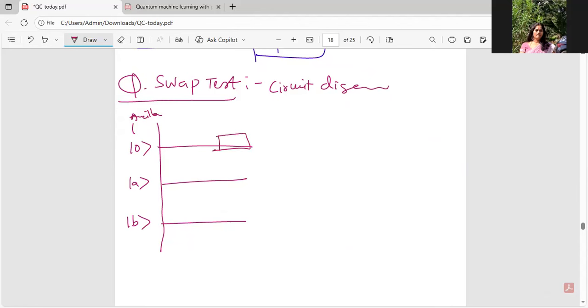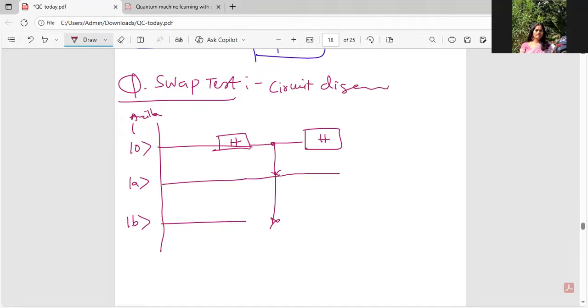There is this Hadamard gate that I am applying, okay? Now it goes out. One more Hadamard gate I will apply. 2 times I will apply, guys. How the circuit looks like, I will tell.